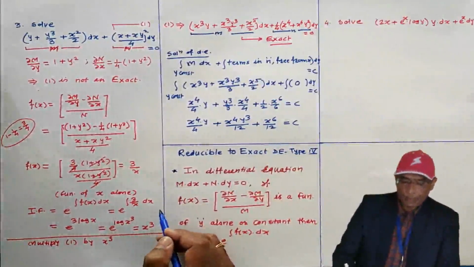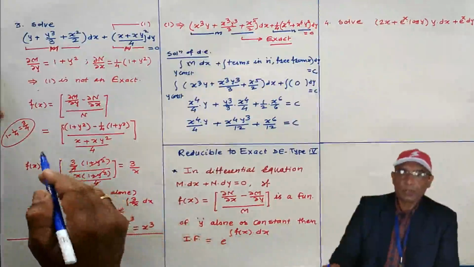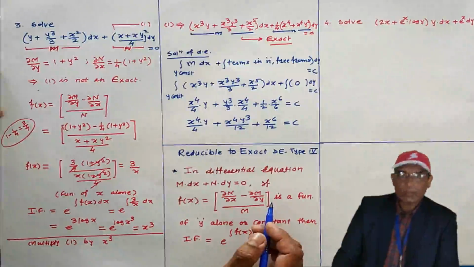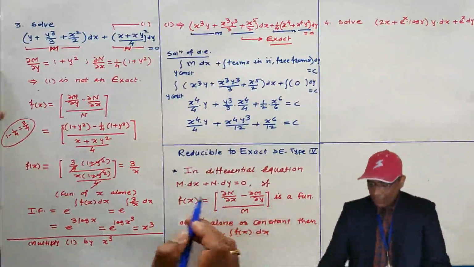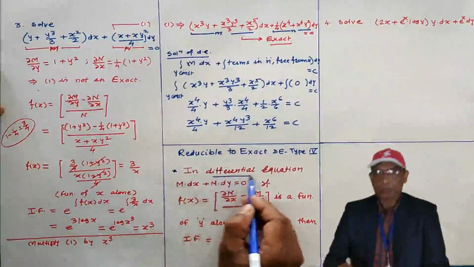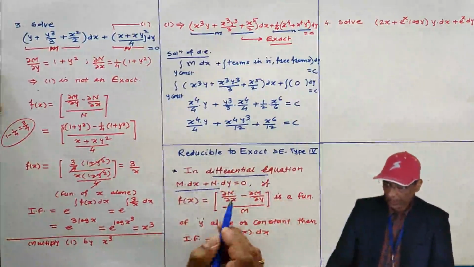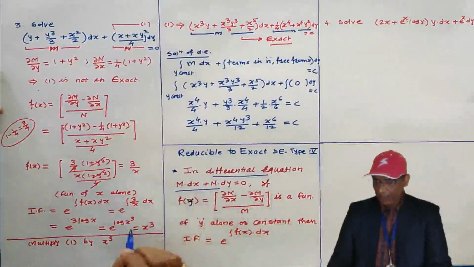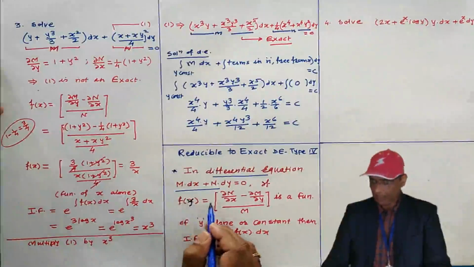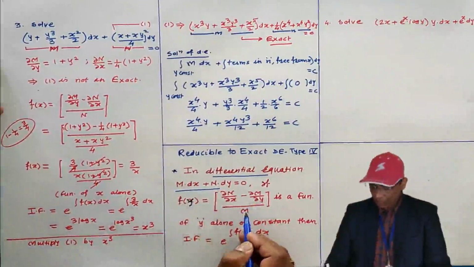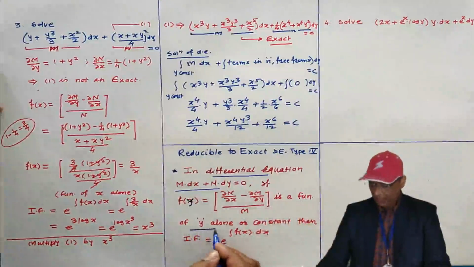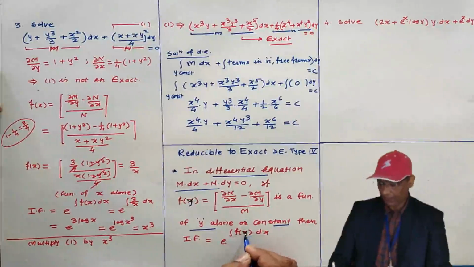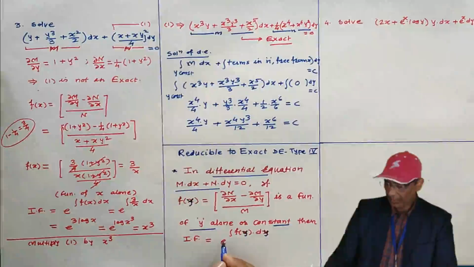Now, the fourth type of reducible to exact that we are going to discuss. It is the same as the previous one. In a differential equation of the type m dx plus n dy equals 0, if fy is equal to del m by del y minus del n by del x, divided by m, is a function of y alone or a constant, then the integrating factor is e power integral of fy dy.